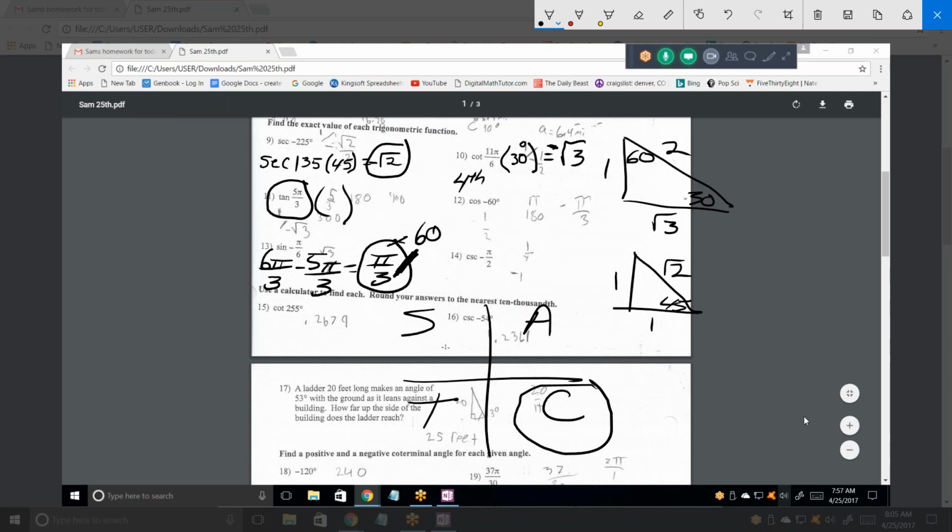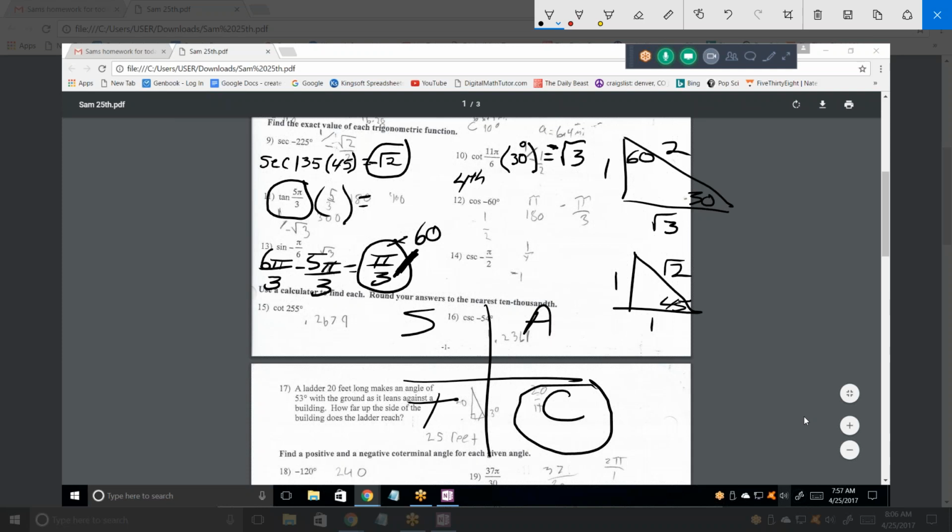What is the tangent of 60? The tangent of 60 degrees would be like y divided by x. You keep doing that.